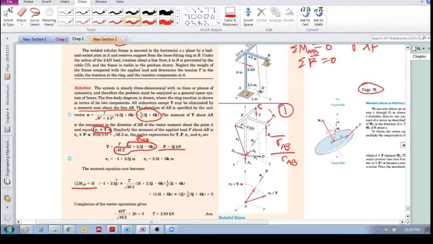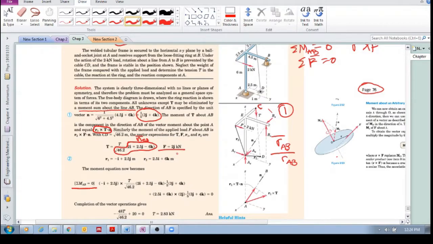We've got our R1. Make sure that you can understand where that comes from. R1 cross T. Here's T. But then we have to dot it with our unit vector AB.